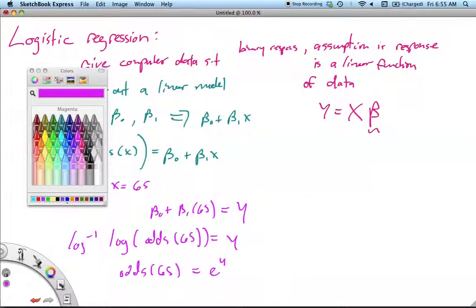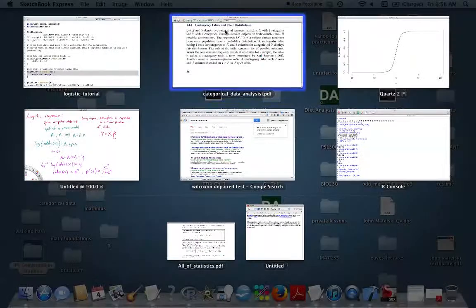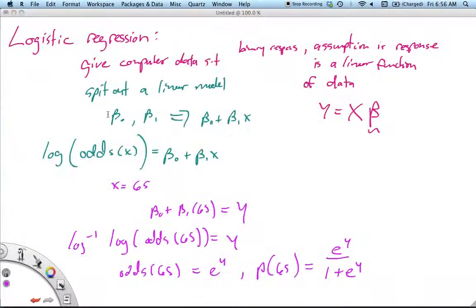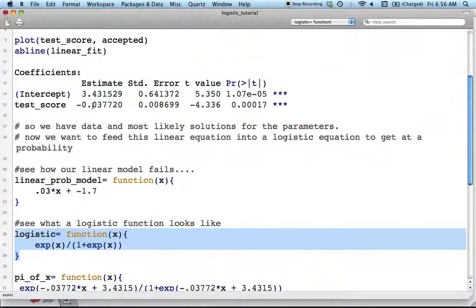You can leave this as it is, or you can take it one step further and say that the probability of 65 is equal to, well, how do we move from odds to probability? We would say e to the y over 1 plus e to the y. Okay? So I'm going to show the example, and hopefully this will all make sense momentarily to both my loyal viewers and myself.